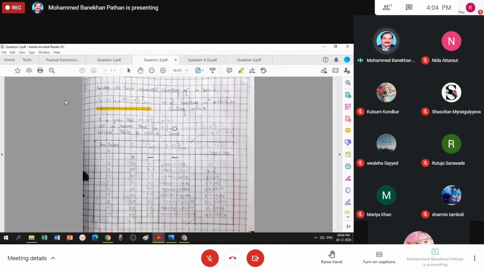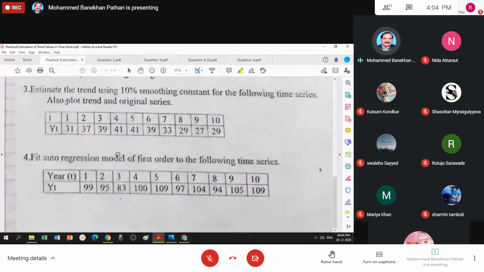Let us proceed ahead. Question number 4. Now, how to make a graph? You know from question 1. Take the original values, t values on the x-axis, yt on the y-axis, draw the graph and join by straight lines, just like example 1.